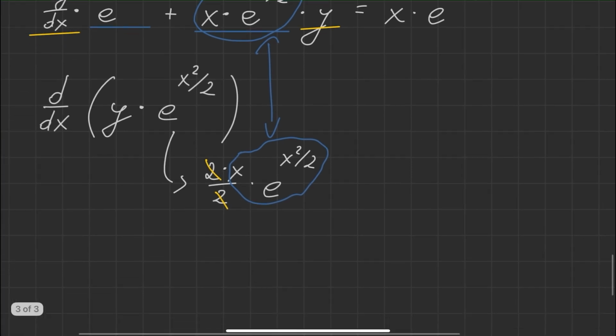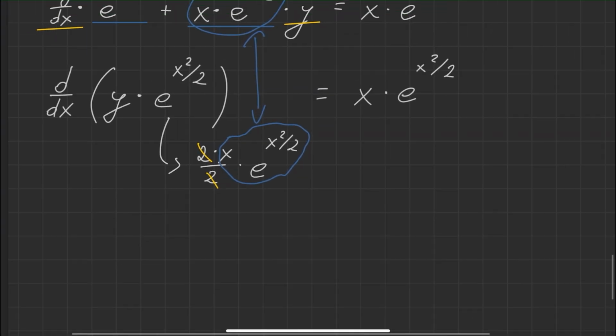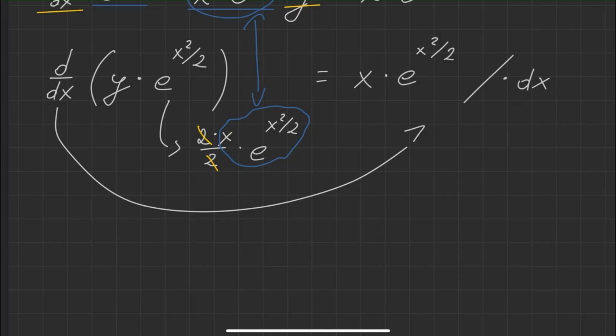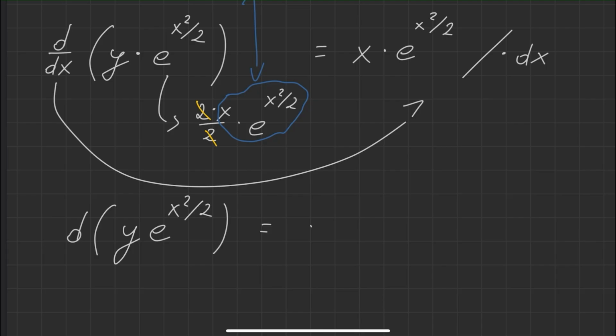Okay, on the other hand side, we have a bit more of a difficult expression, because we are left with x times e to the power of x squared divided by 2. Now what can we do? We can multiply both sides by the differential of x, so basically move this to the other side, and we are left with this crazy expression: dy e to the x squared divided by 2 equals x times e to the power of x squared divided by 2 dx.